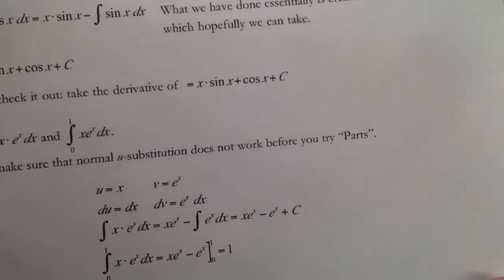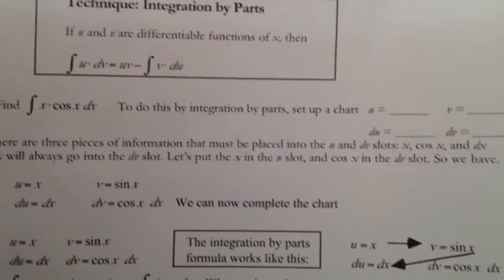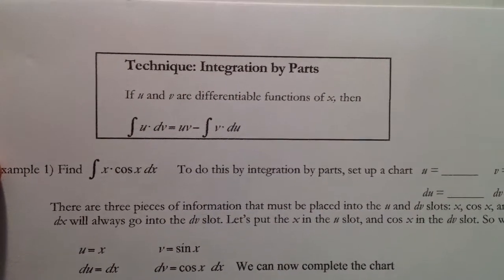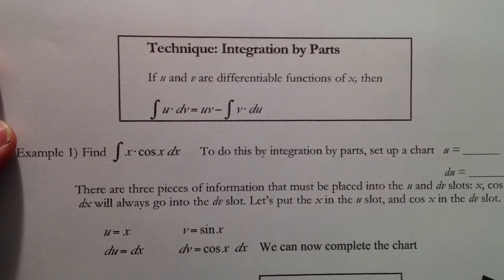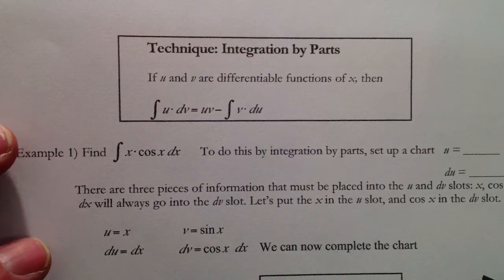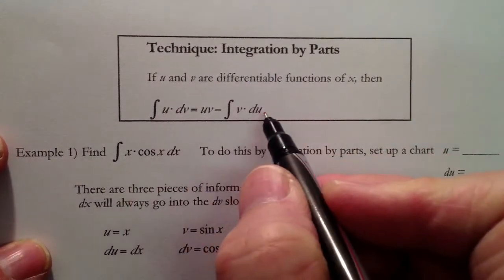So let's go ahead and get page 103 out. Okay, so here's our 103. Got that. Yeah, so we've got this nice box up here at the top reminding us of what the formula is. So we have the formula here.